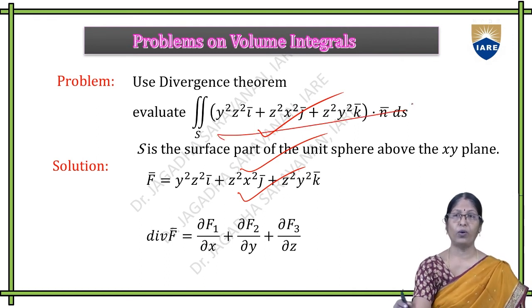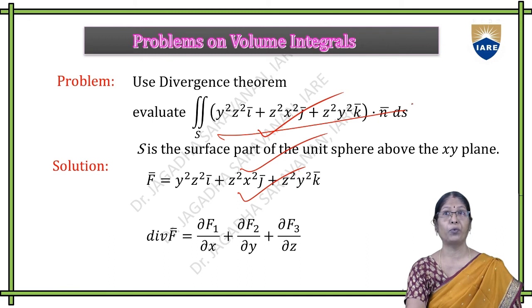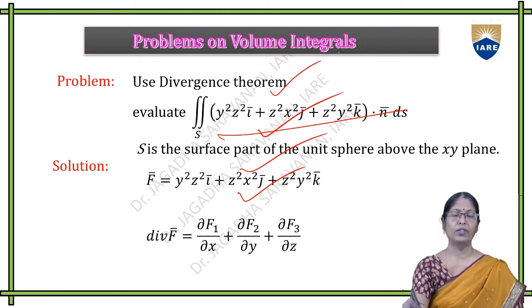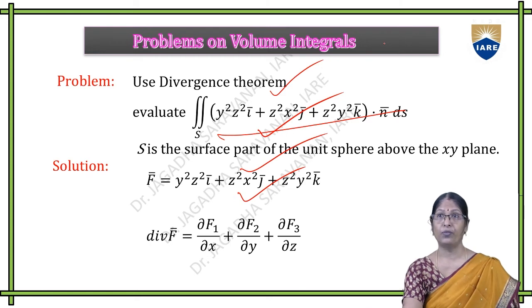Now we have to evaluate the given surface integral, but we are going to do the volume integral, because using the divergence theorem, the surface integral, double integral over S of F dot n dS, where F is the vector function, n is the normal vector, and dS is the surface.